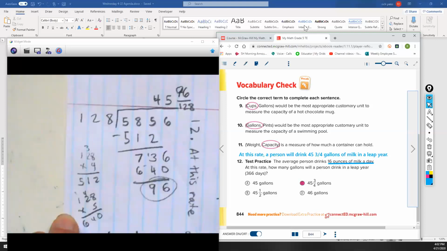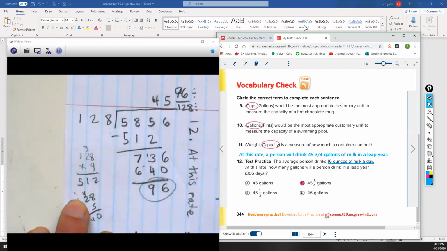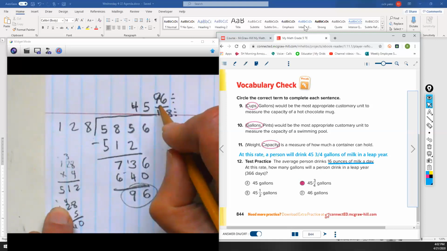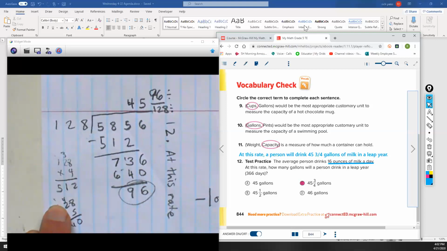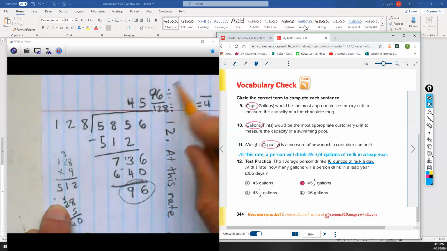If I simplify that down, I can simplify it down all the way so that I get 3/4. And I would do that, let me see here. How would I have simplified that down to get 3/4? Something divided by 128 would equal 4. And something divided by 96 is going to equal 3.